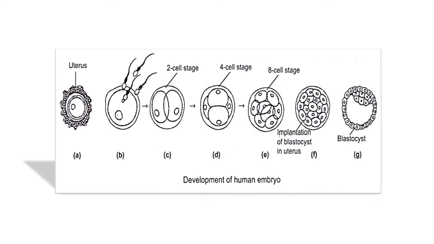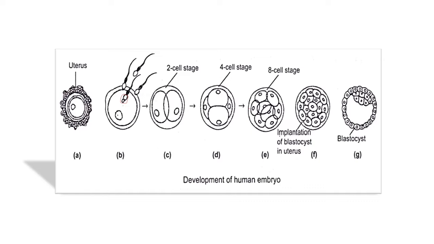So in the fallopian tube, after sperm penetrate, only one sperm enters the ovum and the remaining are prevented.